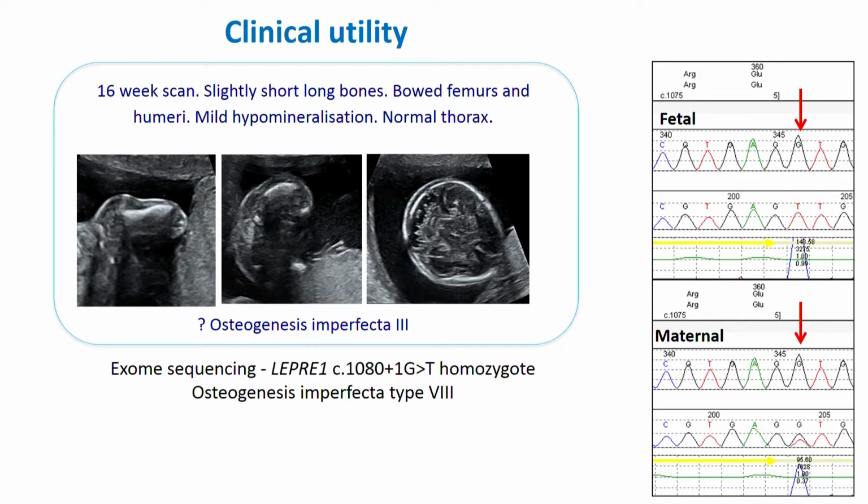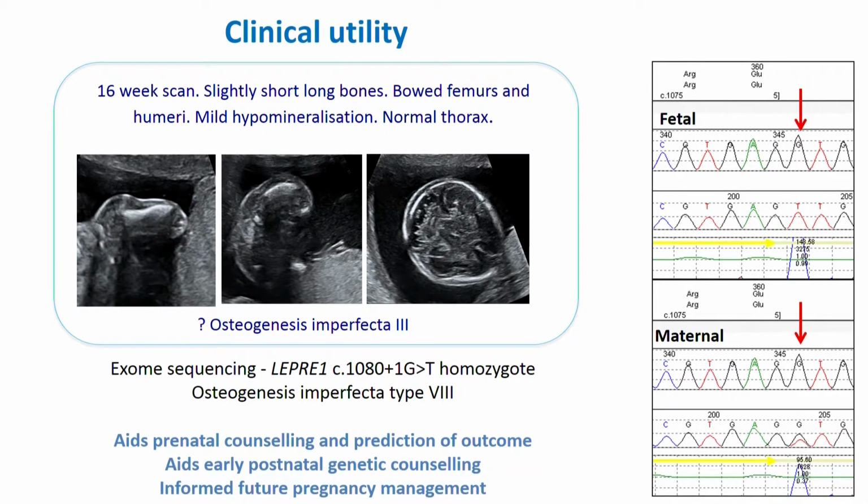And this showed this homozygous mutation in the LEPR1 gene, which is responsible for osteogenesis imperfecta type 8. So this is recessive. And here it aided the prenatal counselling and the prediction of outcome, although the parents had decided already to terminate the pregnancy. But we were able to tell them what the recurrence risk was and offer prenatal testing in a future pregnancy.